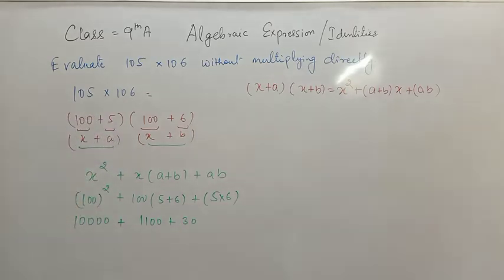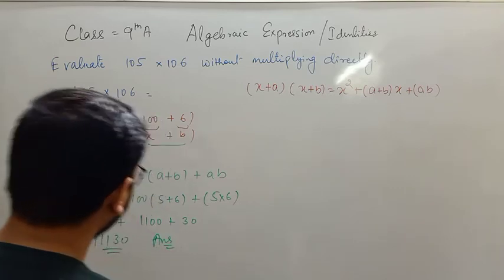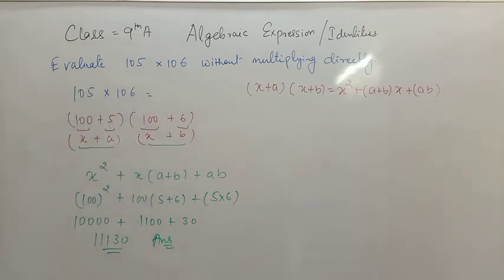Now you can write 11130. This is your answer. Note it down fast. So in this way you can use these identities in solving questions, in solving multiplications.